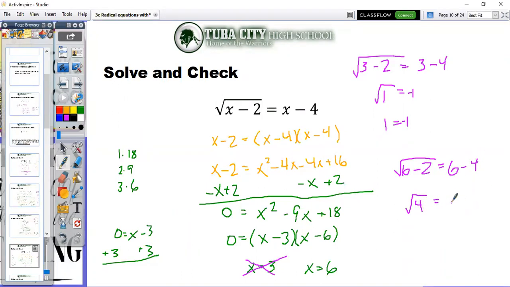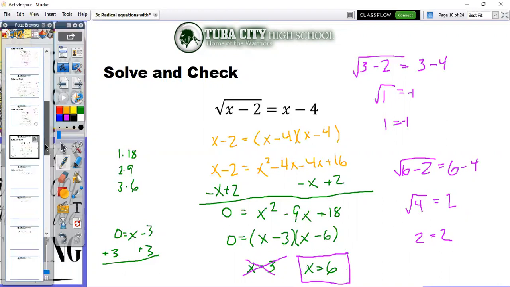So 6 minus 4 is 2. And square root of 4 is 2. So 2 equals 2. And I don't think I made any mistakes on this one. So this is a solution here. This is a solution. And that one is not a solution.